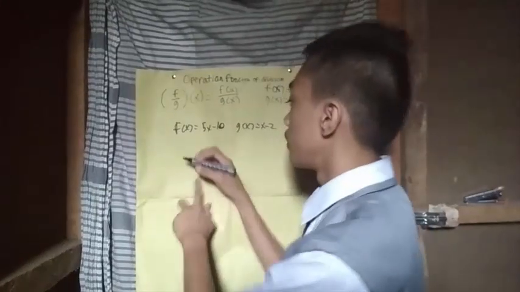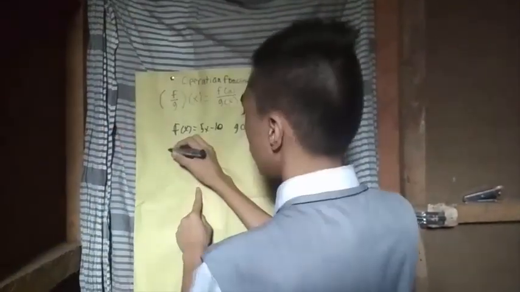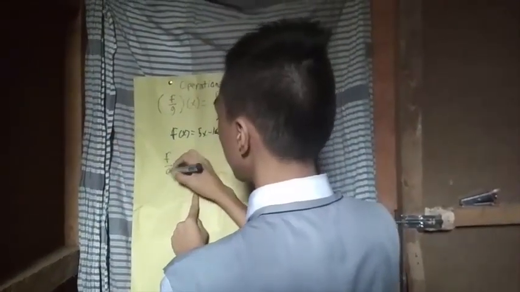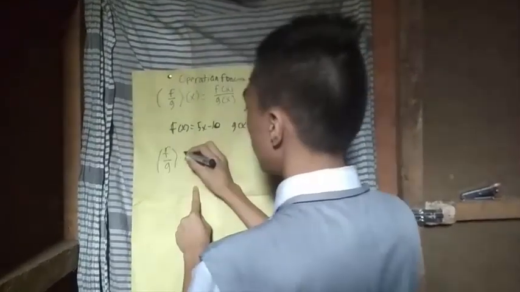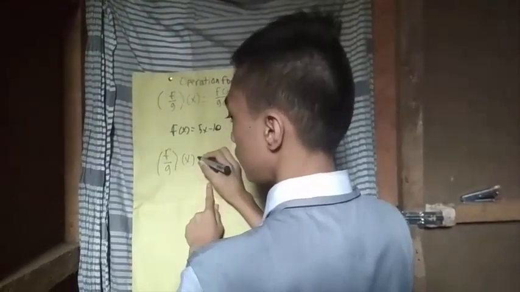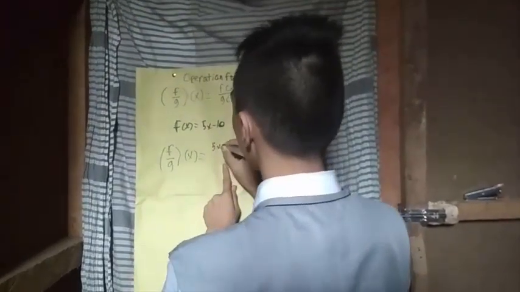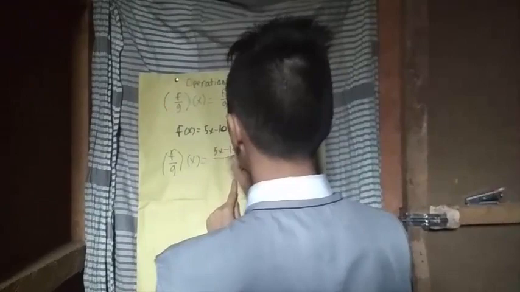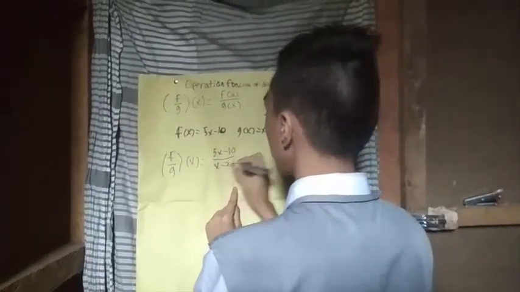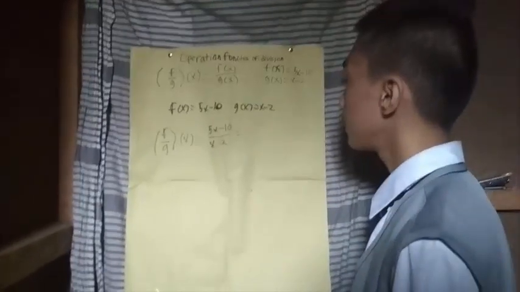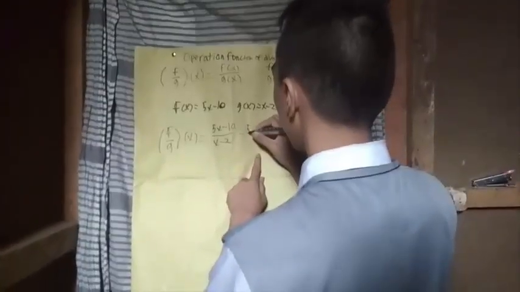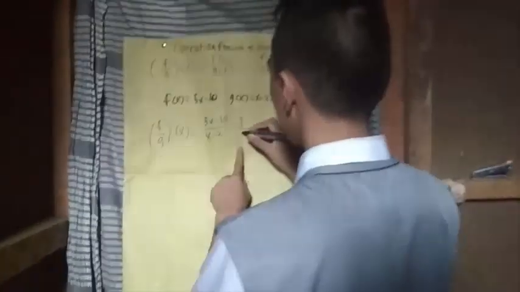So f over g of x is equal to (5x minus 10) over (x minus 2). First we need to copy the numerator 5, then copy the denominator x minus 2.